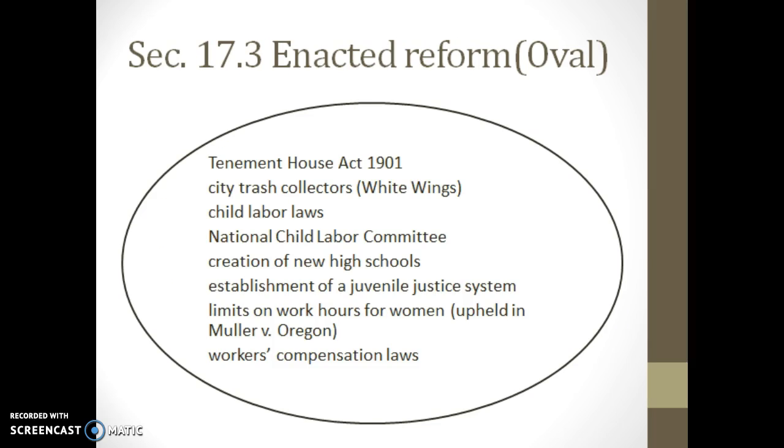The Tenement House Act of 1901 is passed. That law says that all new tenements have to have toilets in every apartment, and each building has to have a courtyard. The courtyard is going to allow all of the interior rooms in the apartments to also have windows, because what we want to do is get fresh air into all the rooms in the tenements. What makes the tenements so deadly is that there's no new air introduced into those spaces.